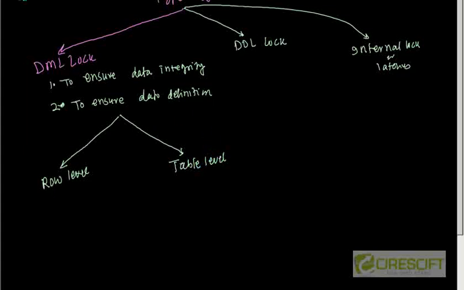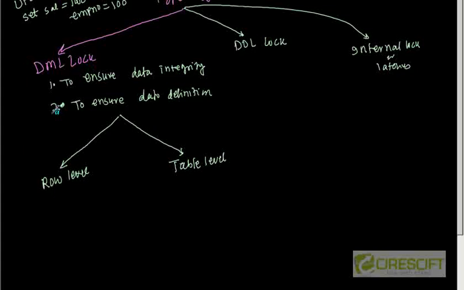Let's say I'm running an update: update emp set sal equal to 1000 where employee number is equal to 100. Whenever I run this statement, because it's a DML statement, there will be a DML lock at two levels.